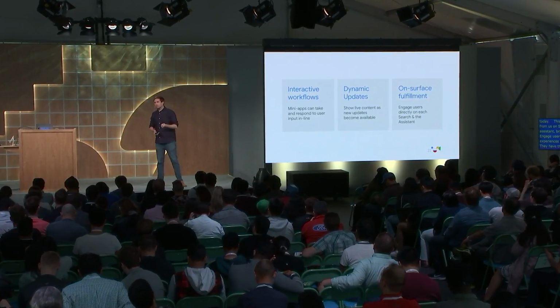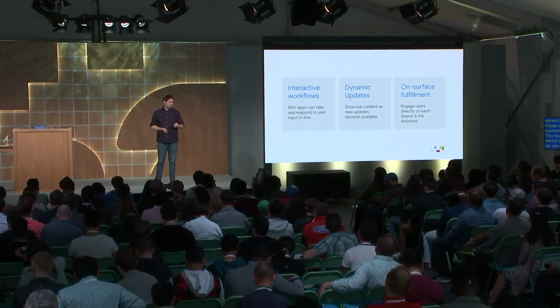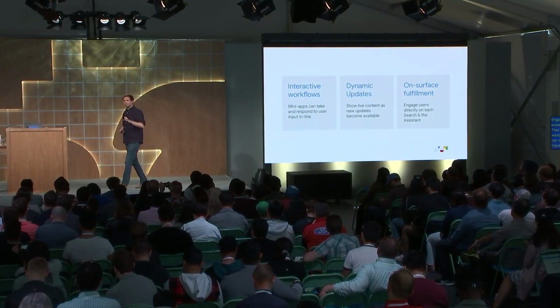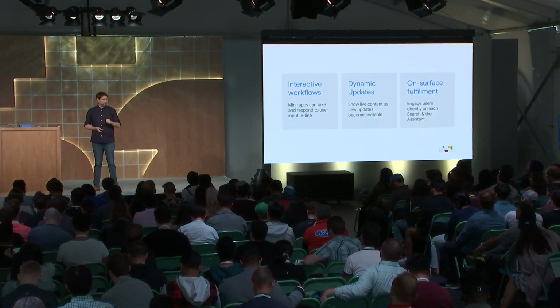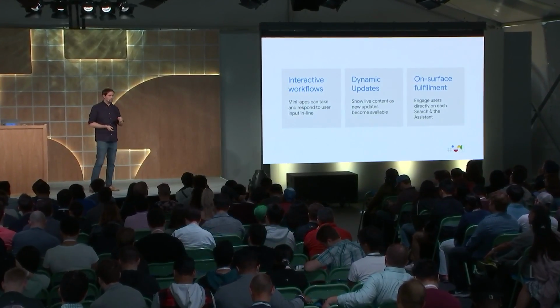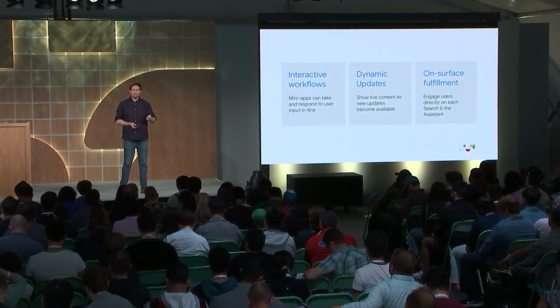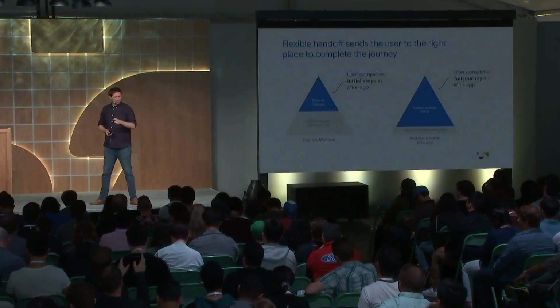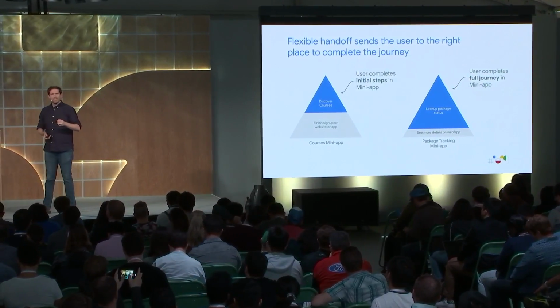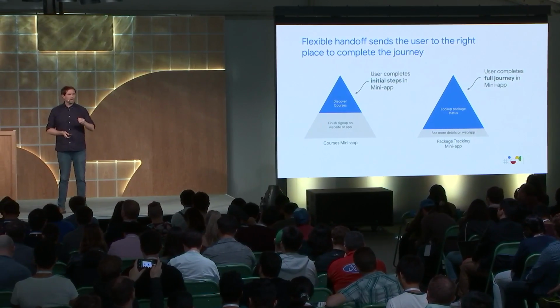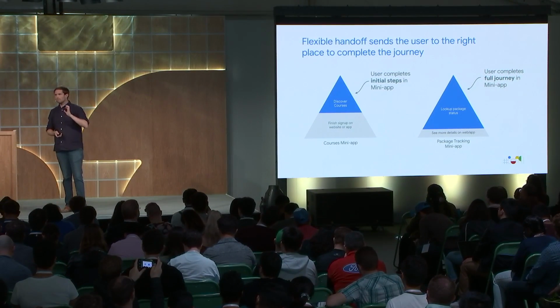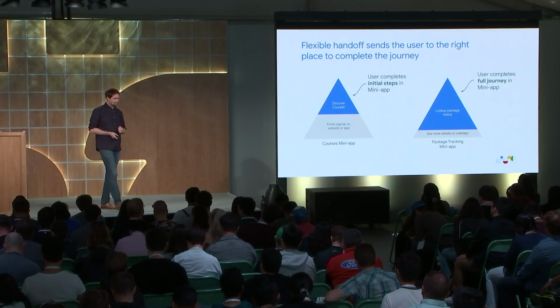They can take and respond to user input right in line on Search. They can show live content as new updates become available. And they enable you to engage users directly on each surface. And finally, of course, they have flexible handoff so that you can direct the user to the right place in your service so that they have the best experience on their journey.